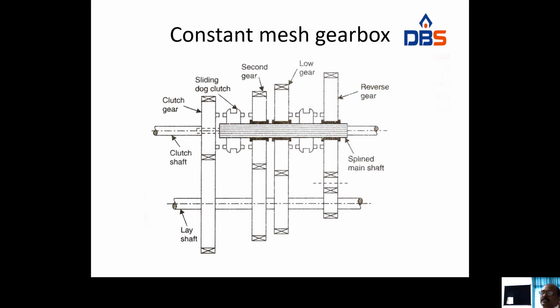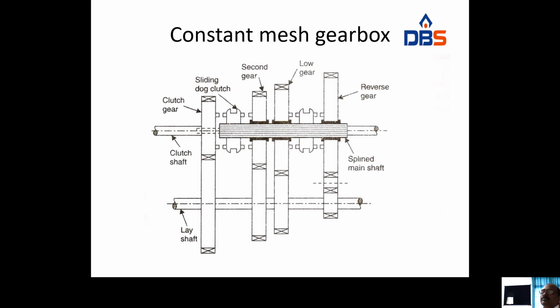Similarly, the first dog clutch, if you push towards right, then the second gear will be engaged, or if you push towards left, the third gear or high speed gear will be engaged. Like this, by the movement of the dog clutch, we are engaging the gear.